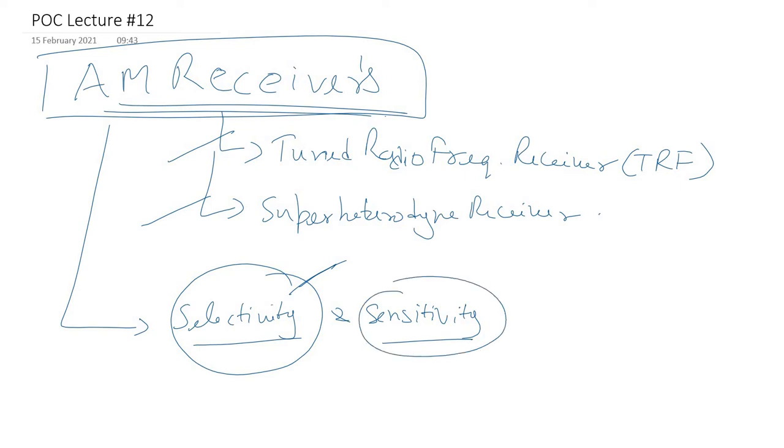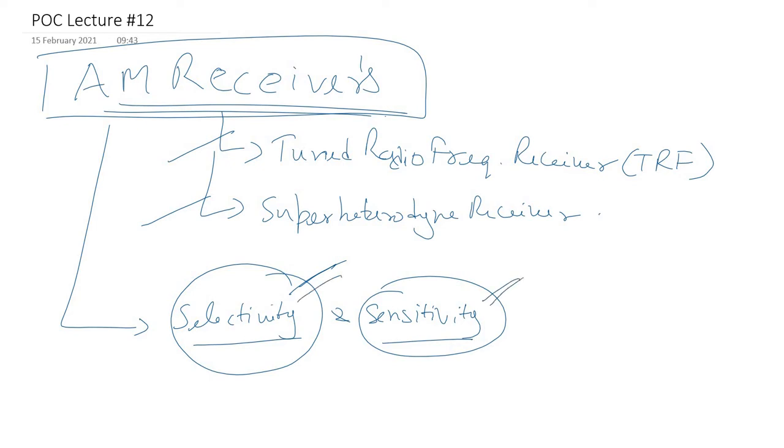The second characteristic is sensitivity. That means the received signal has very, very low power, so the ability of the receiver to detect the information correctly and efficiently from the received signal is your sensitivity.